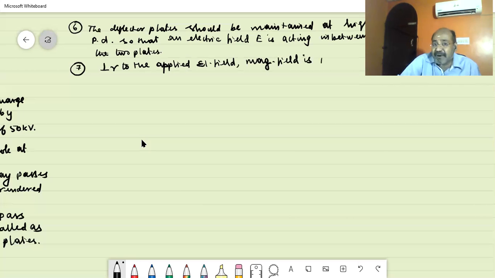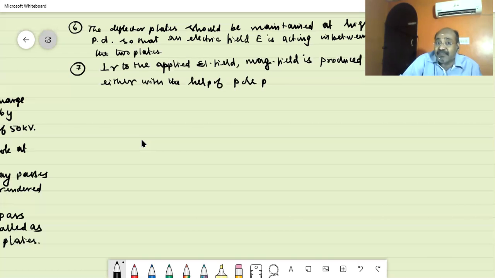Magnetic field is produced either with the help of pole pieces of a magnet, or with an electromagnet.